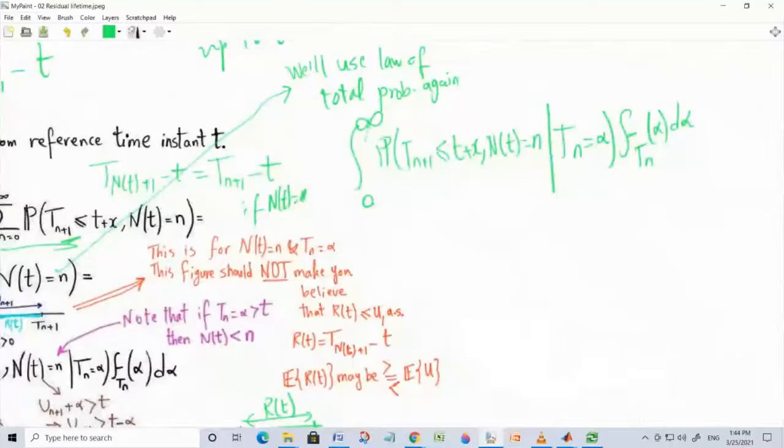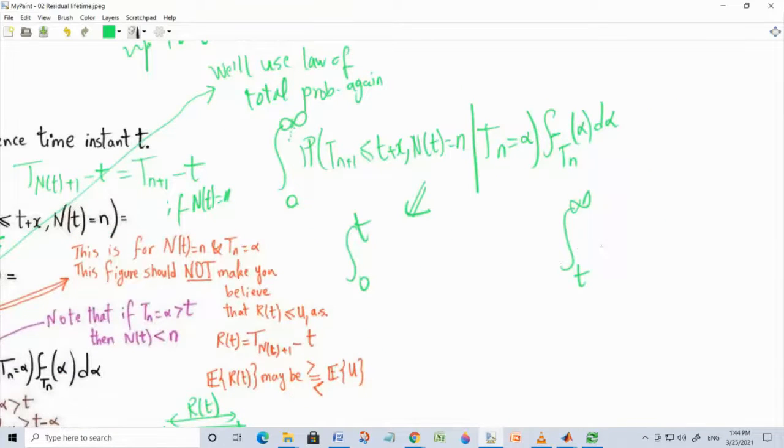Again, if you do things in slow motion, what you will do is say, okay, I will take this integral from 0 to infinity, split it into an integral from 0 to small t and an integral from small t to infinity. Now, in the integral from small t to infinity, what is the meaning here? So alpha, remember, alpha is basically the time of the nth arrival.